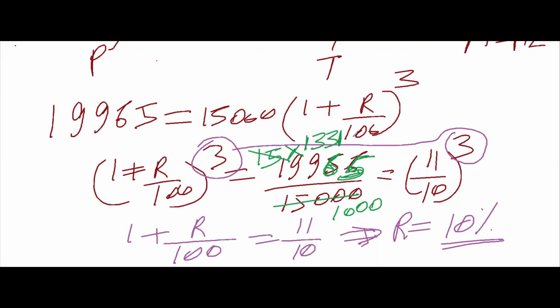I will get 1331. 1331 is 11 cube. So I wrote this as 11. That 1000 is nothing but 10 cube. So 11 by 10 cube. This part is cube, this part is cube. So I can write 1 + r/100 is equal to 11/10. Solving this, I will get r as 10%. Now clear?